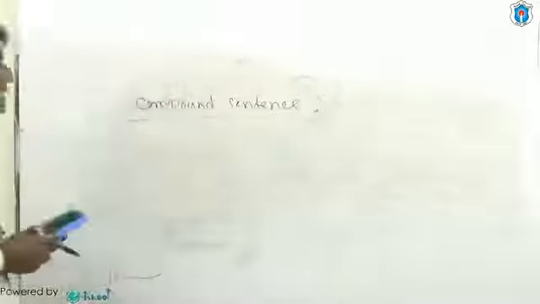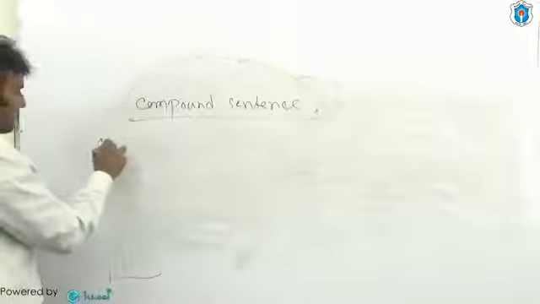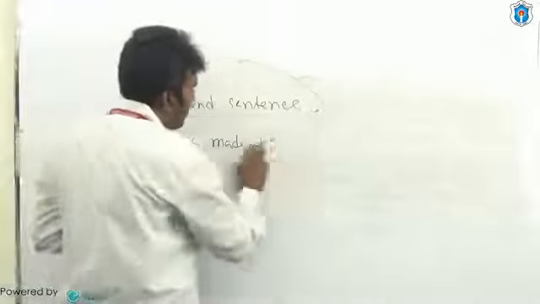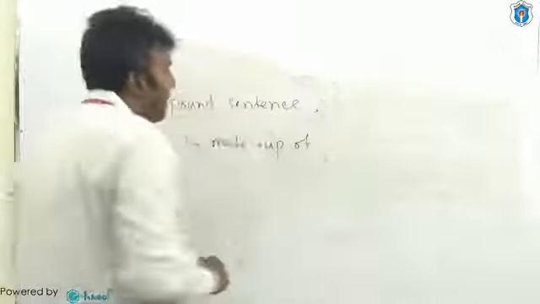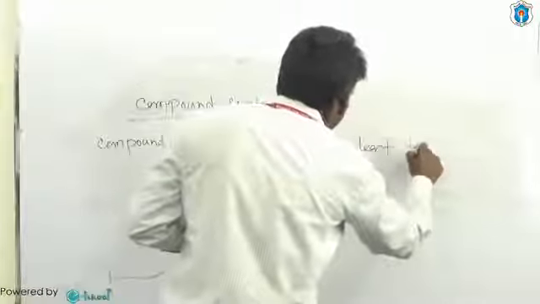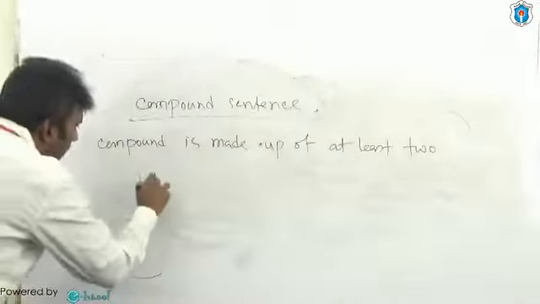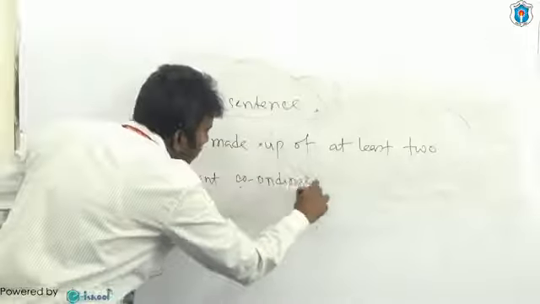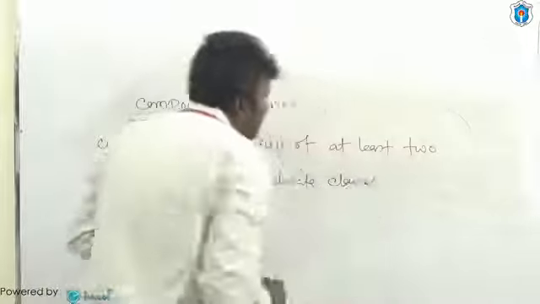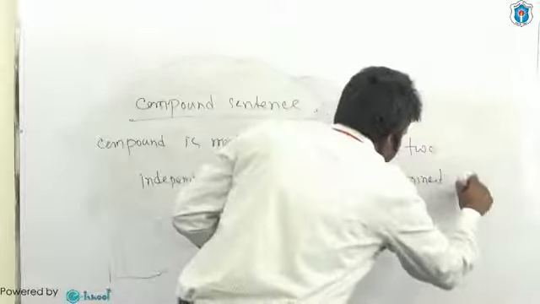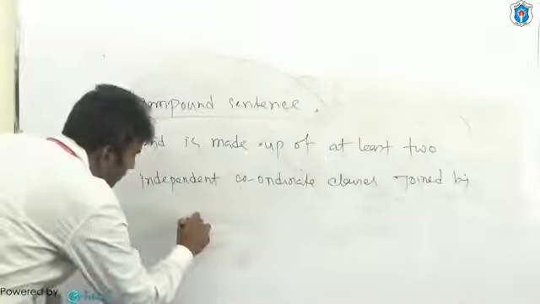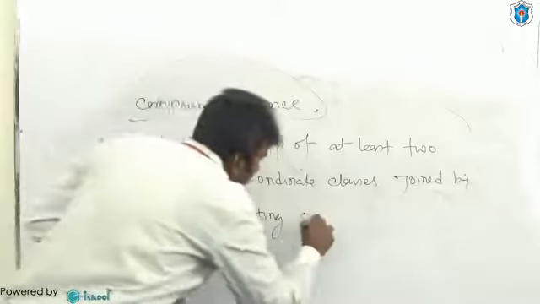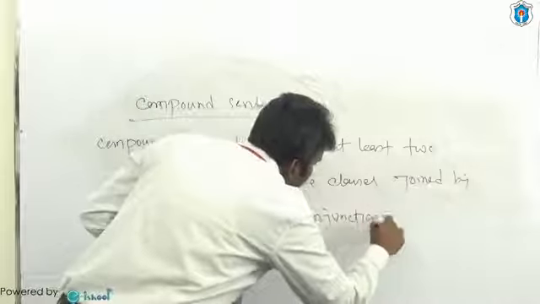Compound sentence is made up of at least two independent coordinate clauses joined by coordinating conjunctions.